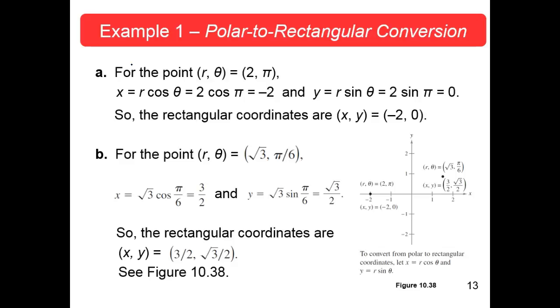So you go up pi/6, which is 30 degrees here, and that would be 3 halves for x, because it's root 3 times root 3 over 2, and then root 3 times 1/2 for y.